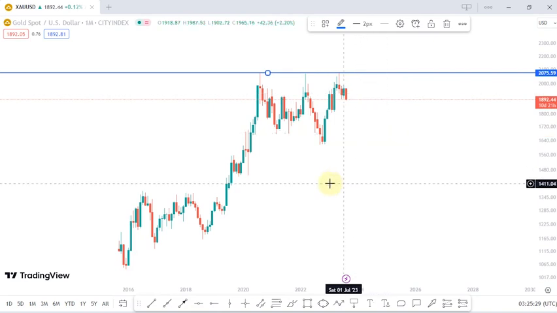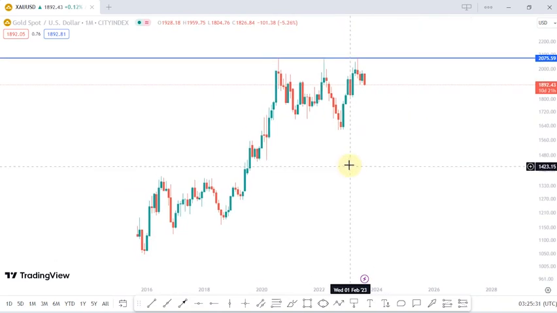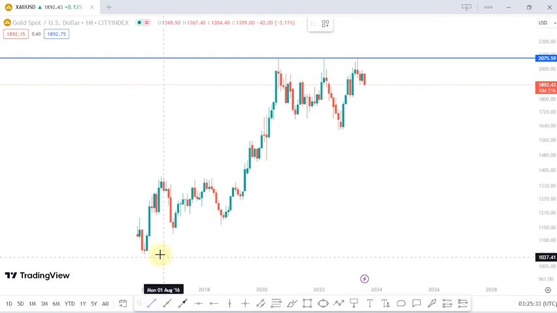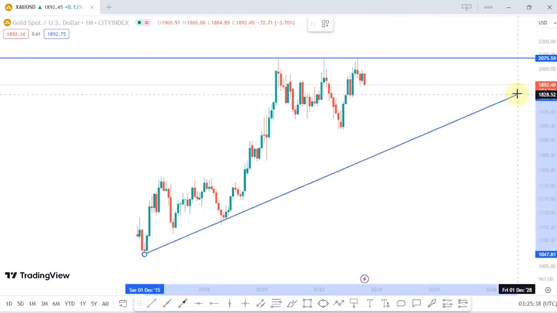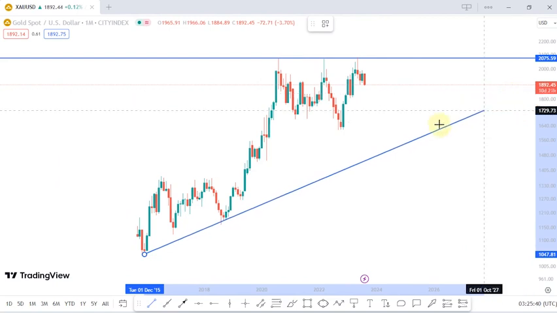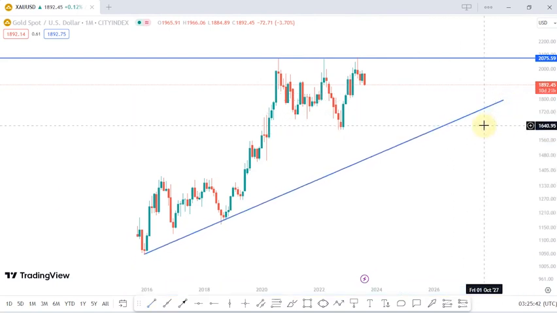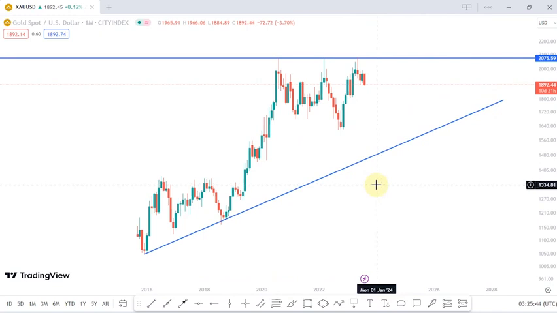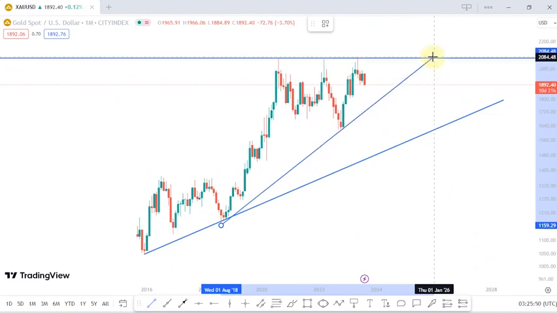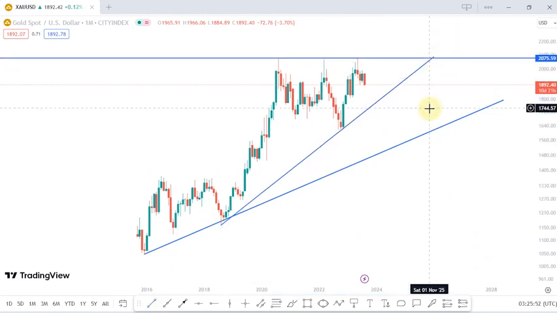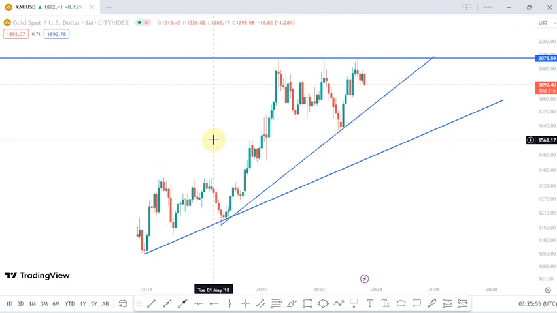So we're going to be expecting a bearish move from gold. So connect the lows, and from here we can go down to the weekly time frame.